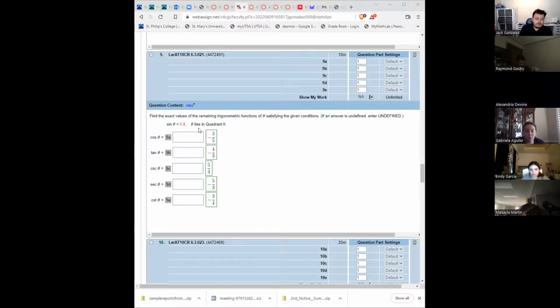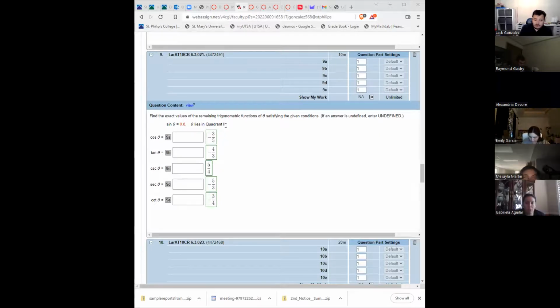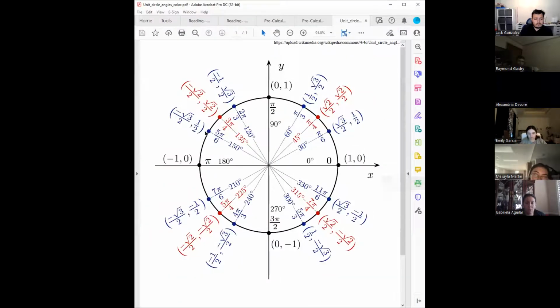Same thing here, except this time they tell us the direct quadrant. They're like, okay, well, sine is positive, but it's in quadrant 2. In quadrant 2, is x positive or negative? Quadrant 2 is over here.